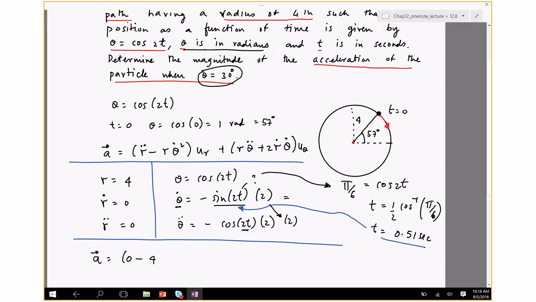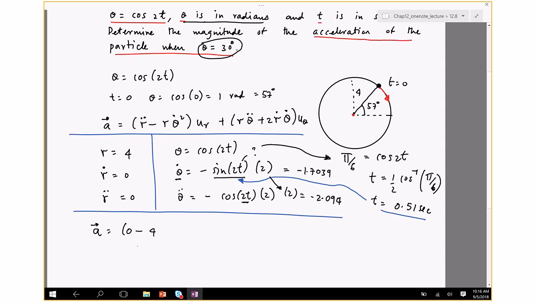So theta dot, after plugging in the value for t, comes out to be minus 1.7039, and theta double dot is minus 2.094. Okay, so with that I can now solve for acceleration.